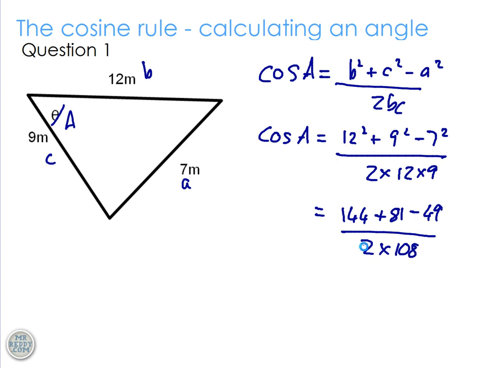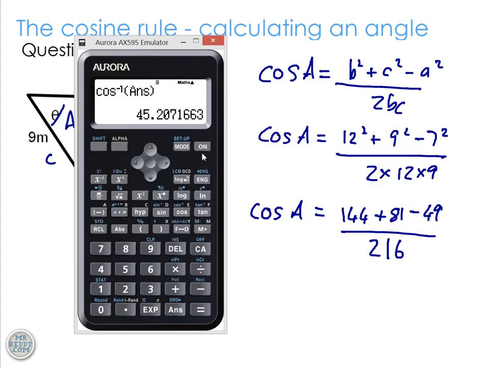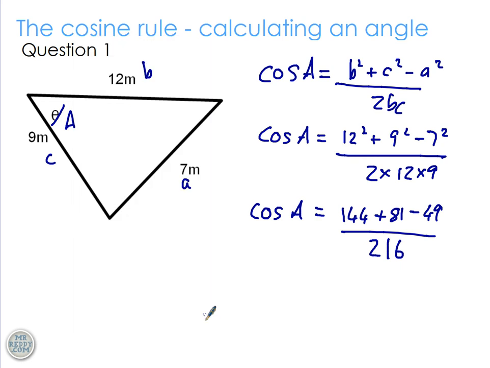In fact, I can do that: 216. So that just saves a step on the calculator. Put that into the calculator and you get 144 plus 81, take away 49 equals, divide that by 216, 22 over 27.